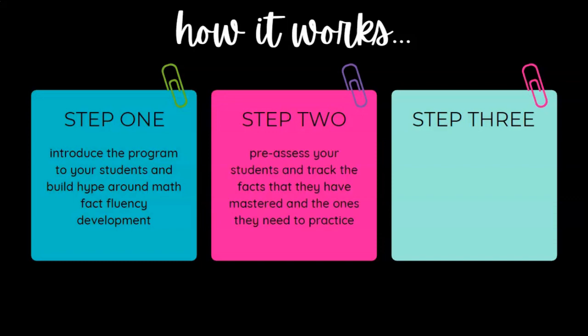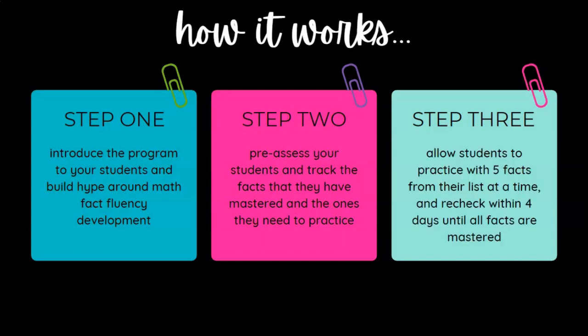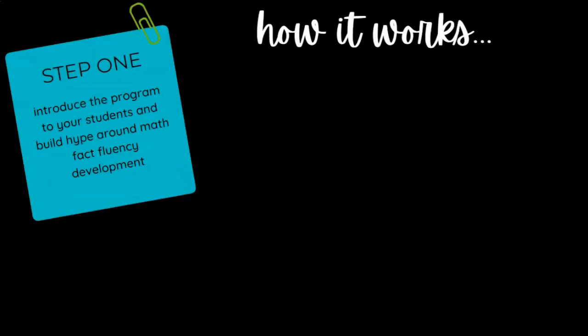Step 2 is to pre-assess your students and track the facts that they have mastered and the ones that they need to practice. And step 3 is to allow students to practice with 5 facts from their list at a time and then recheck within 4 days until all facts are mastered.